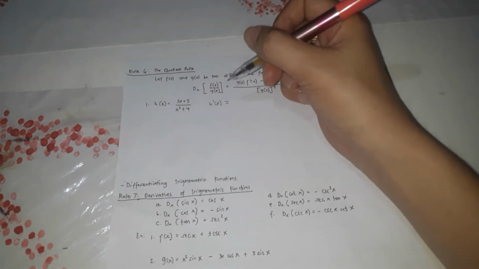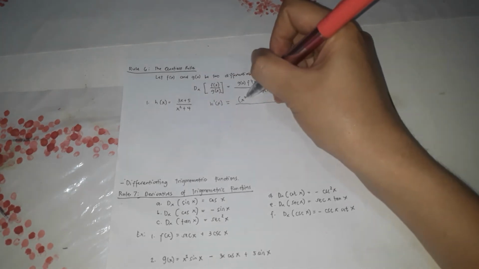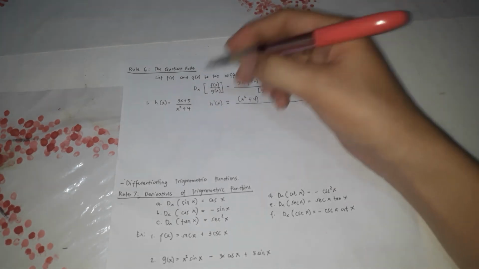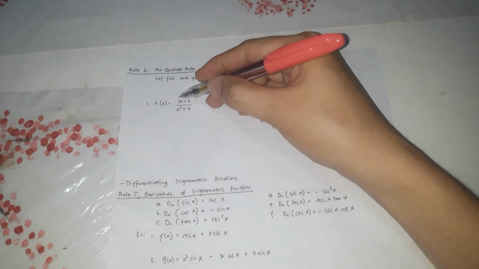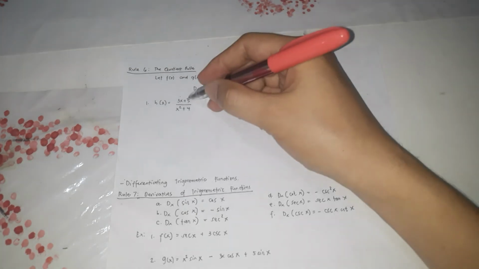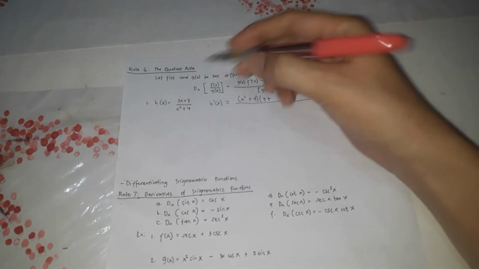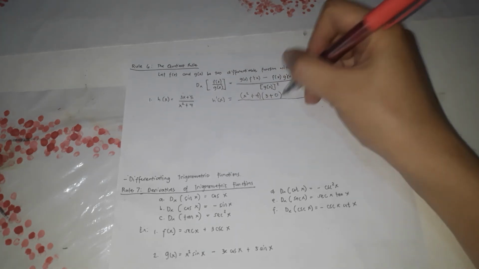So for example, the derivative of h of x is equal to: copy the bottom, x squared plus 4, take the derivative of the top. Slowly, 3x first: 3, plus the derivative of a constant, which is 0.